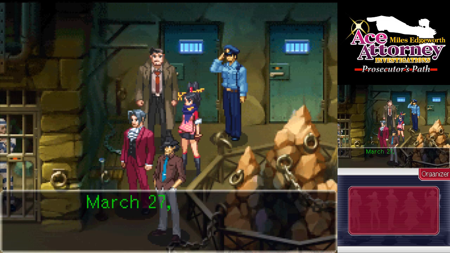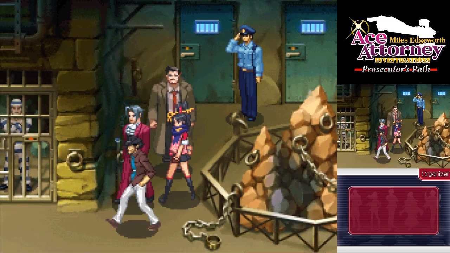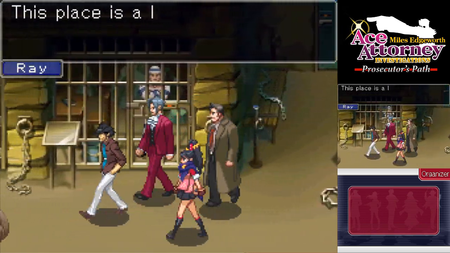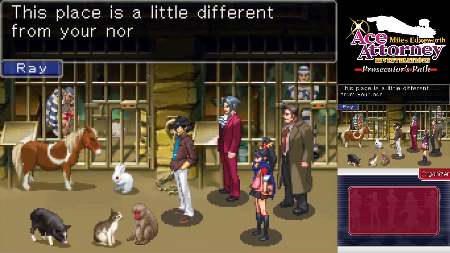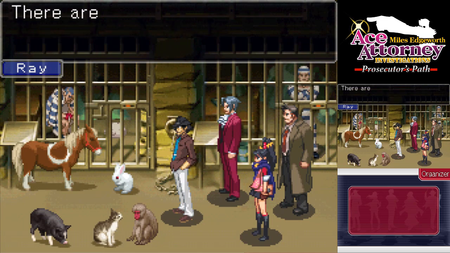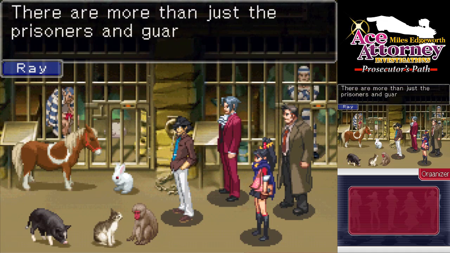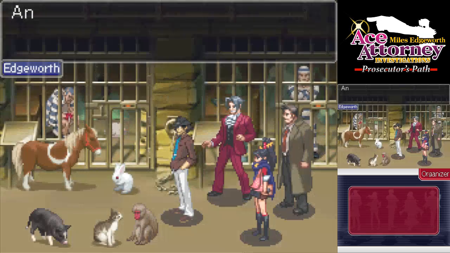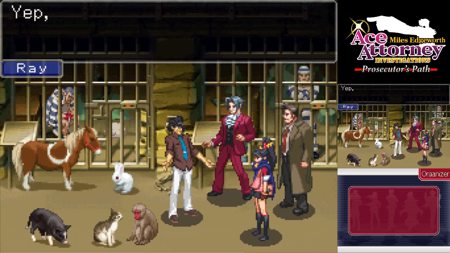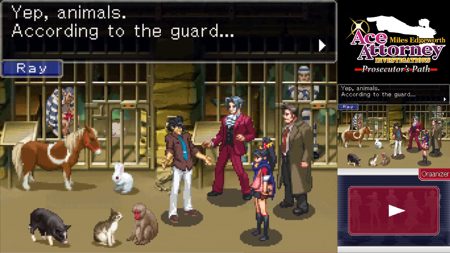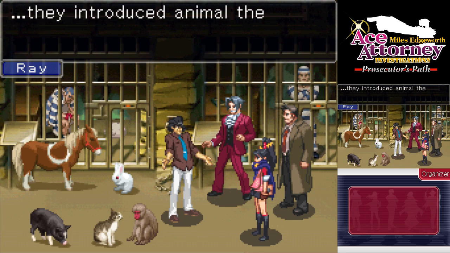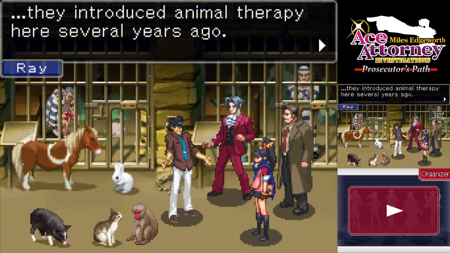March 27th, 11:06, prison hallway. This place is a little different from your normal prison. Oh, they're animals. There are more than just the prisoners and the guards living here. Animals? Yep, animals. According to the guard, they introduced animal therapy here several years ago.